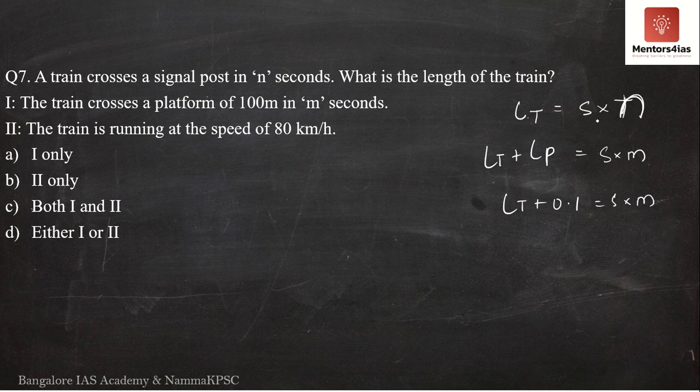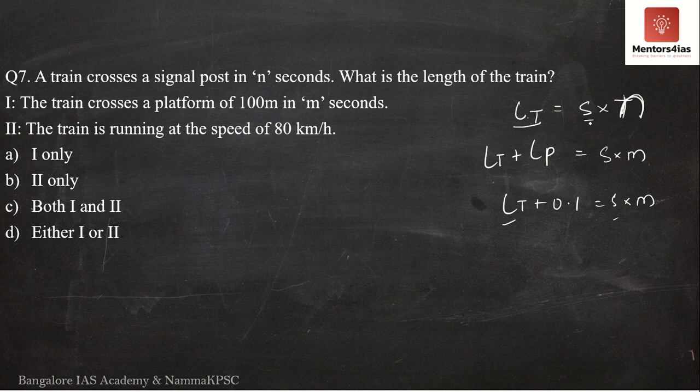Now there are two unknown variables, length of the train and the speed of the train. Now don't say that n and m are also unknown variables. It represents some value. For the sake of the question, take n and m to represent some value. That is what the question is trying to say. It is not simply n and m, there are some variables. The only two things that are unknown are the speed of the train and length of the train.